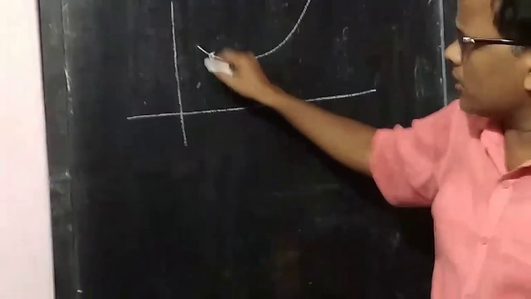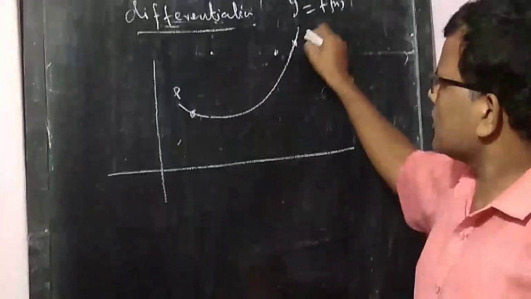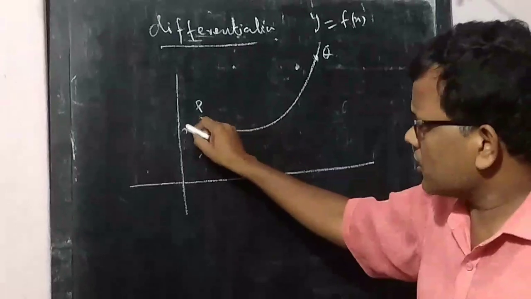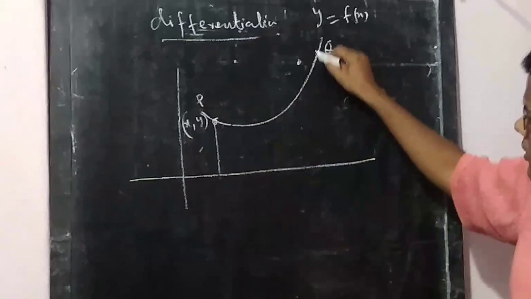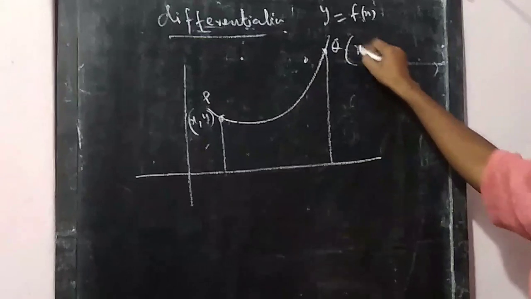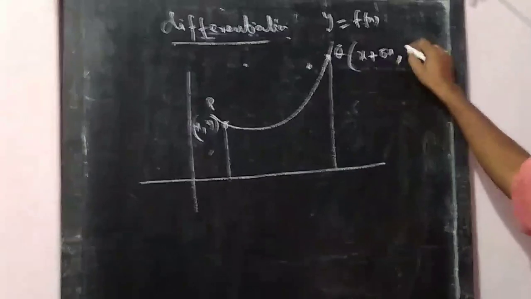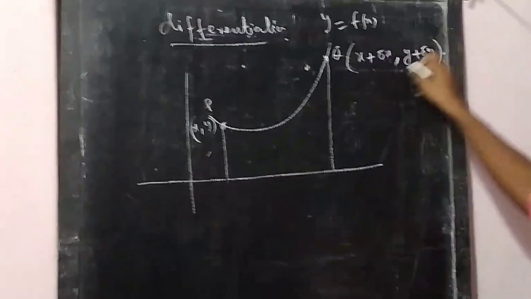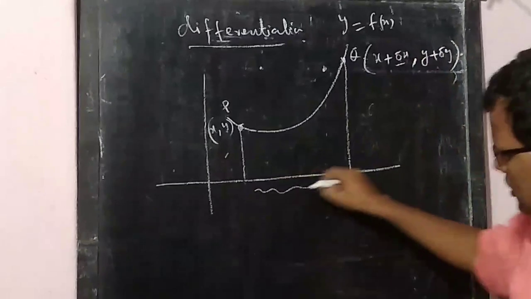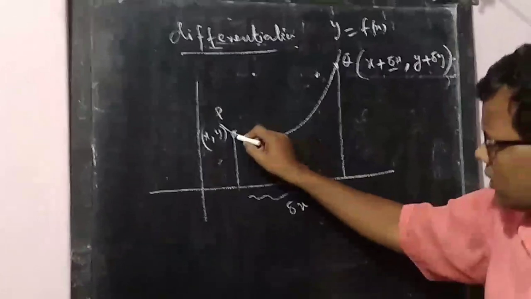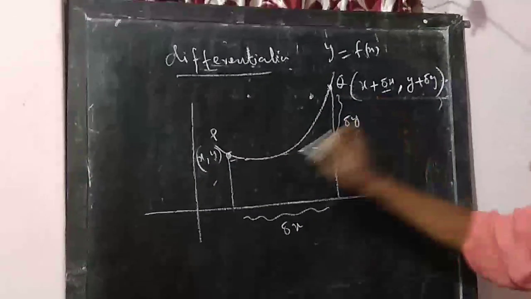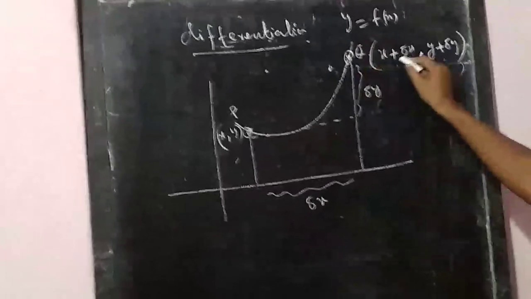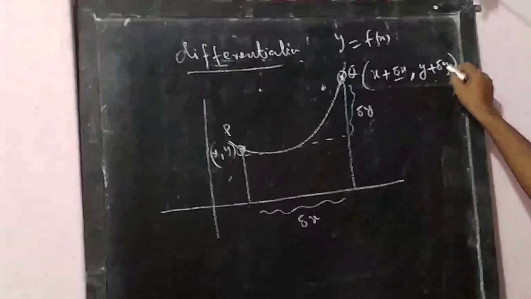Let P be any point and Q is another point. Let the coordinate of P be (x, y) and the coordinate of Q be (x plus del x, y plus del y). So this distance is del x and this distance is del y.